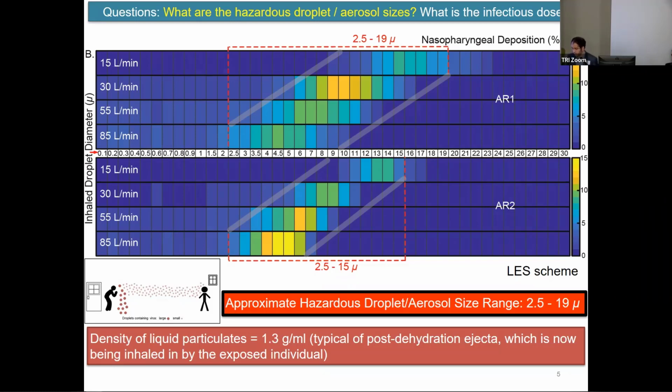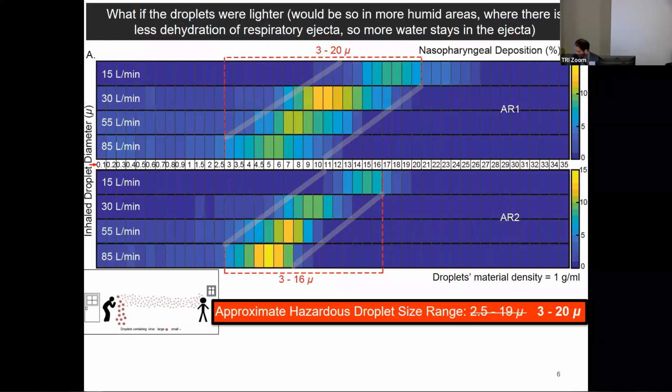So those are the particles or droplets that are most efficient at directly landing at the nasopharynx by inhalation. Hence, we are proposing that these are the droplets that we need to be primarily worried about. Now, while I was wrapping up this work, there was another conjecture going around that maybe environmental conditions do have a huge role to play.